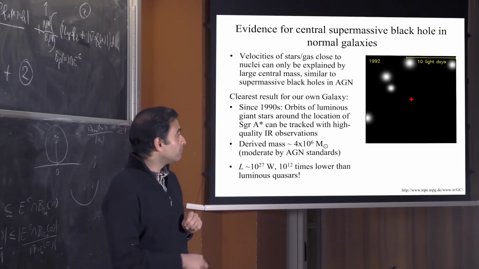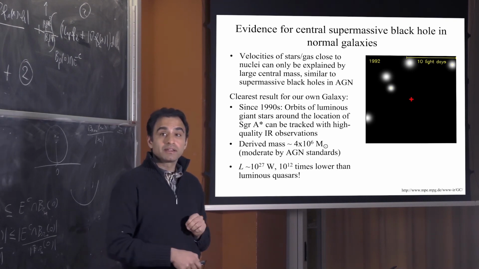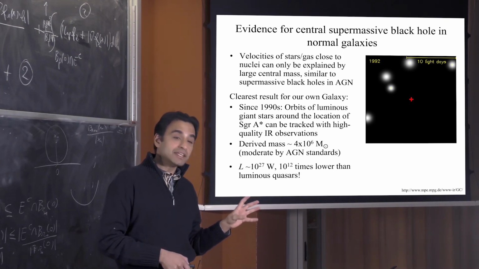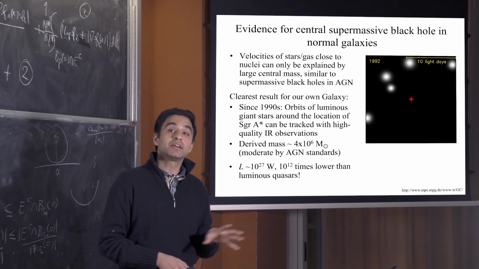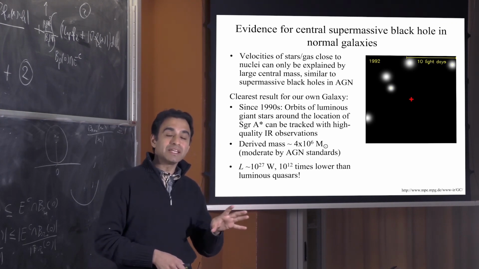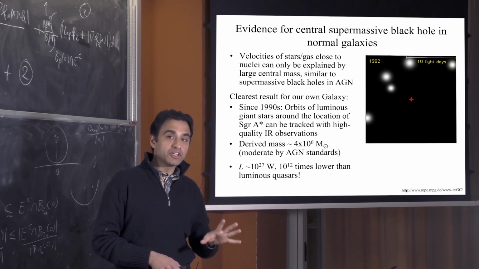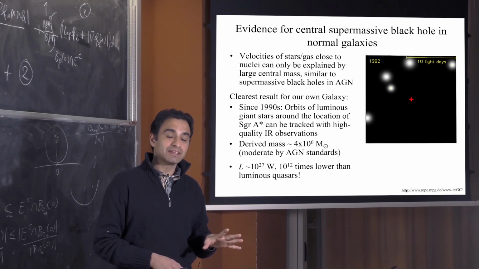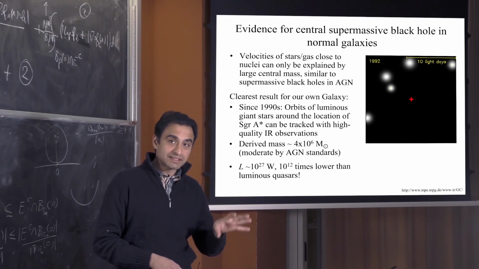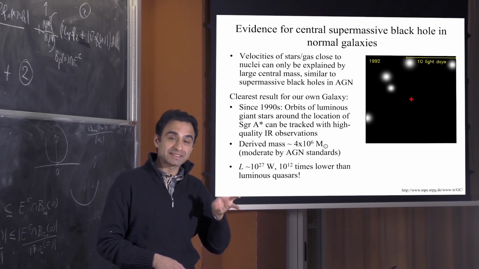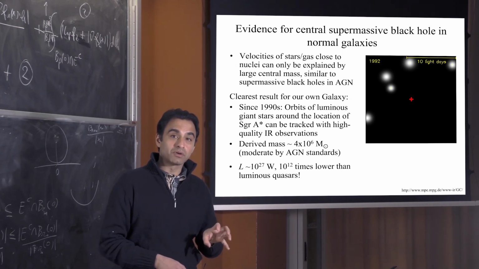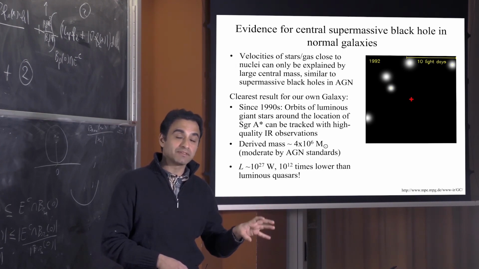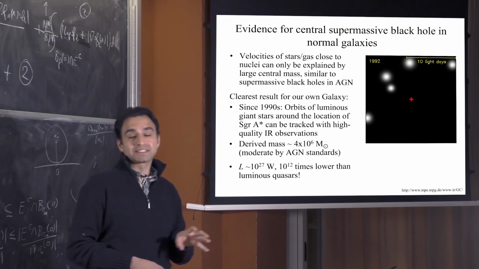So we believe, based on the motion of these stars in the center of our own galaxy, that even though our galaxy is normal, there are no clear active features coming from it, yet our own Milky Way harbors at its center a massive black hole, a 4 million solar mass supermassive black hole.